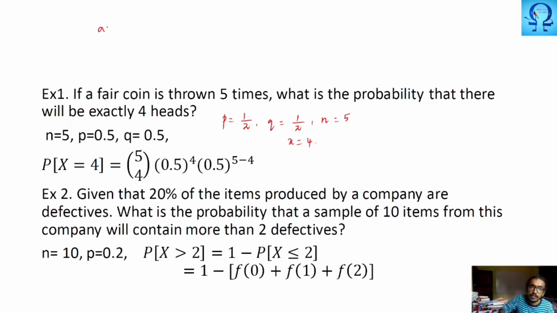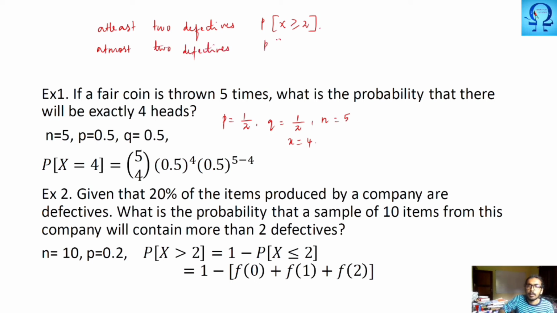Suppose it is specified at least 2 defectives, then we need to calculate the probability of x greater than or equal to 2. Suppose at most 2 defectives, it means probability of x less than or equal to 2.